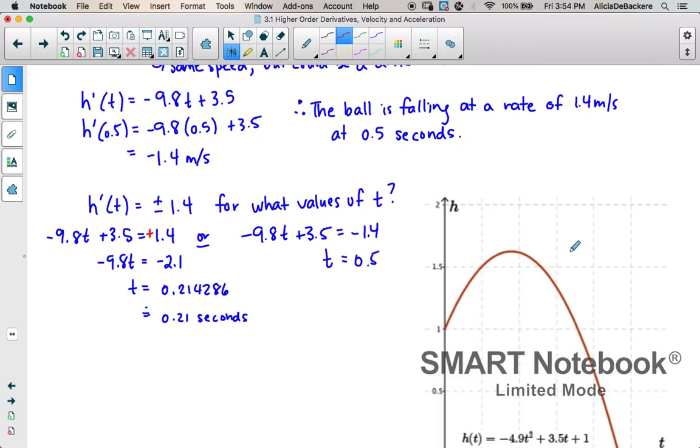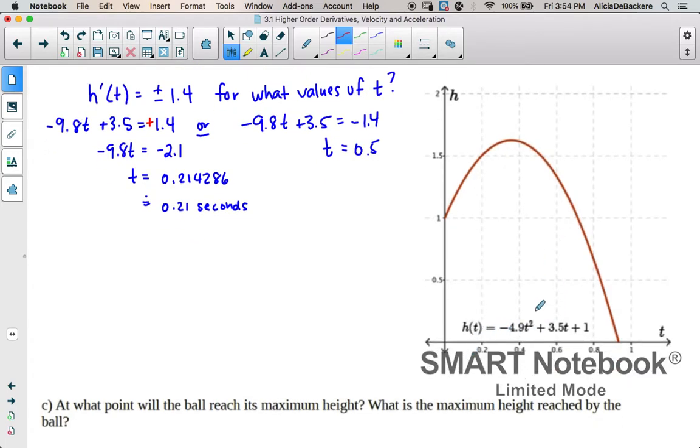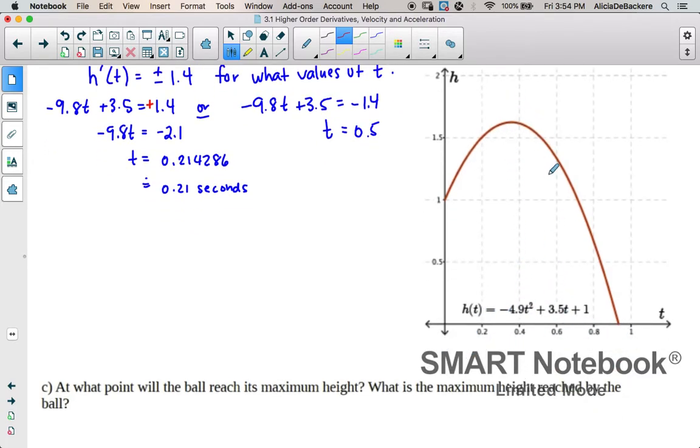If I want to take a look at this on the graph, here's the graph of that parabola. I've got the times across the bottom here. They gave us the speed at half a second, or well, we calculated the speed at half a second. And you can see here that when I draw the tangent line, remember the speed is related to this tangent line. The speed is the slope of this tangent. And so the slope of this line was negative 1.4. That makes sense, it's negative, it's heading down. What we found is that there's another tangent line over here that has the same steepness, it's just heading in the opposite direction. So the slope over here was positive 1.4.